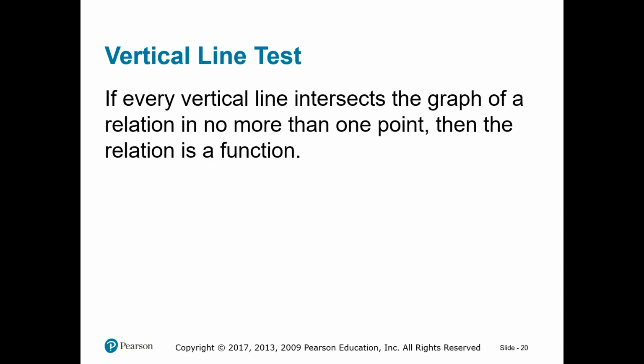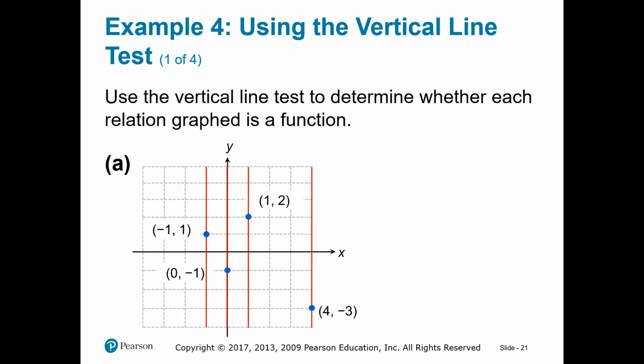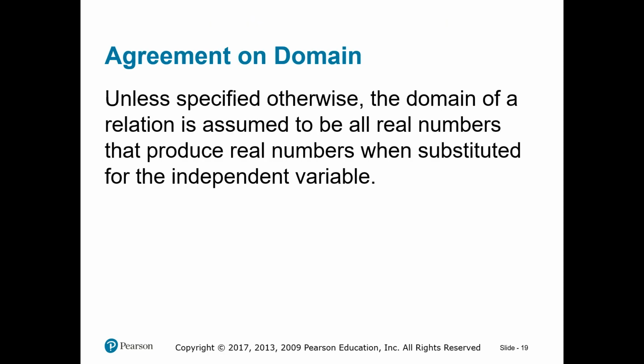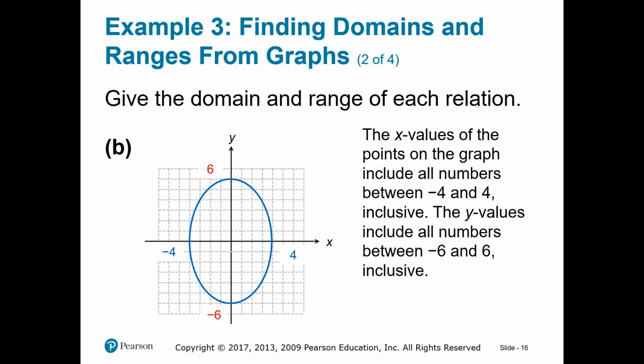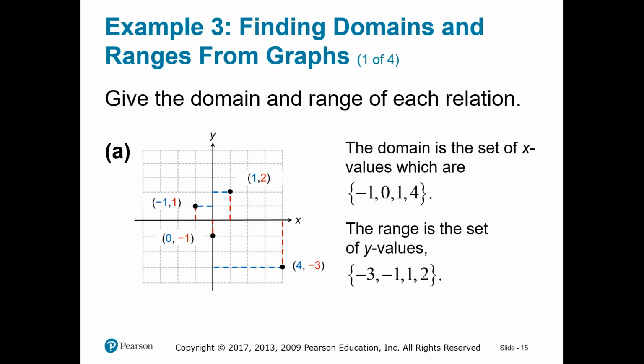Did you get it? Now look here. So you have to use the vertical line test. Look here. So this is the relation, is that right? So you draw the vertical line.